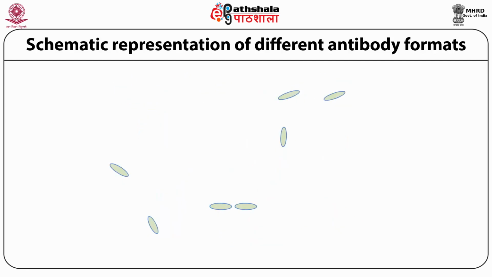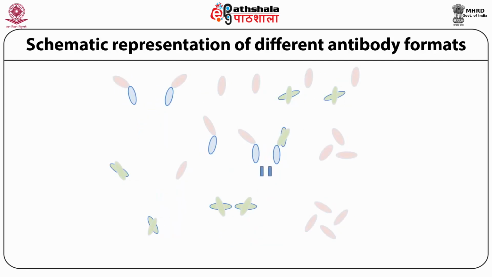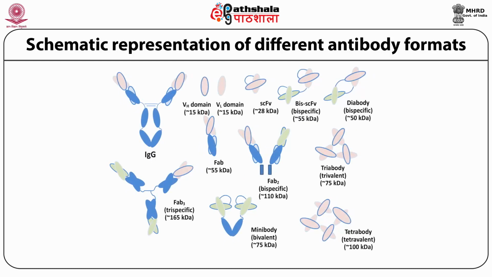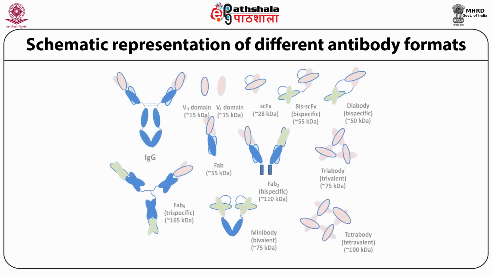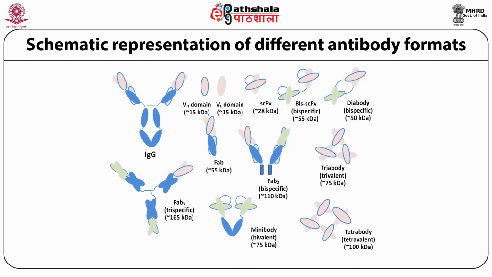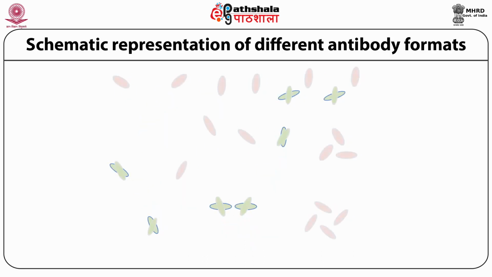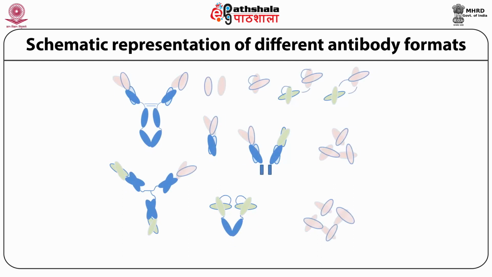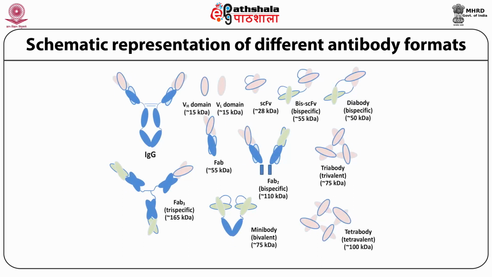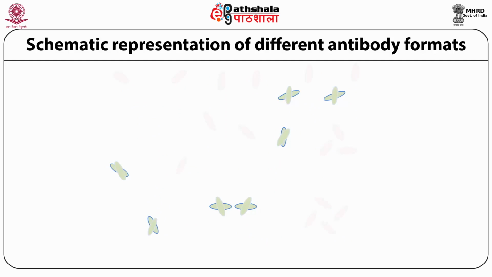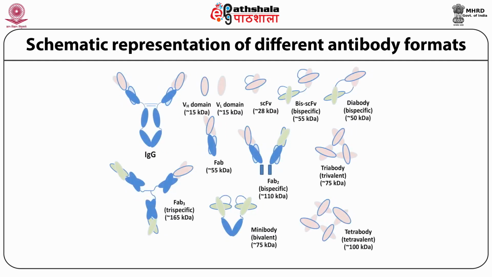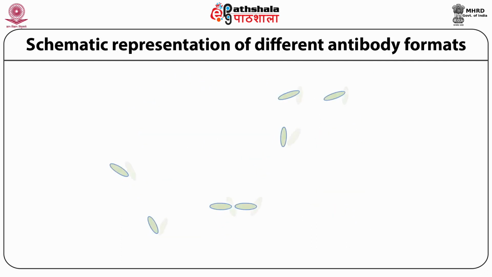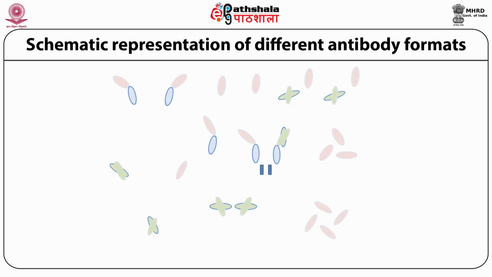Then we have a bispecific Fab2 molecule where one can combine two different antigen specificities in a single molecule. Such a characteristic can be introduced in a bispecific scFv molecule, where one scFv joined to another scFv can have different antigen specificities. Similarly, diabodies can also be generated of a similar nature.